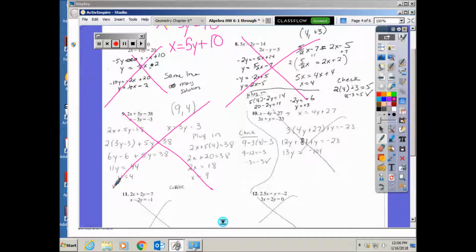I will tell you, personally, that I got through Algebra 2 in high school, never understanding what we're going to learn in 6-4, how to do it by multiplying and dividing. And I would solve everything still using substitution, which I can do. I can isolate one of these and get it by itself, but it's a lot of extra steps.